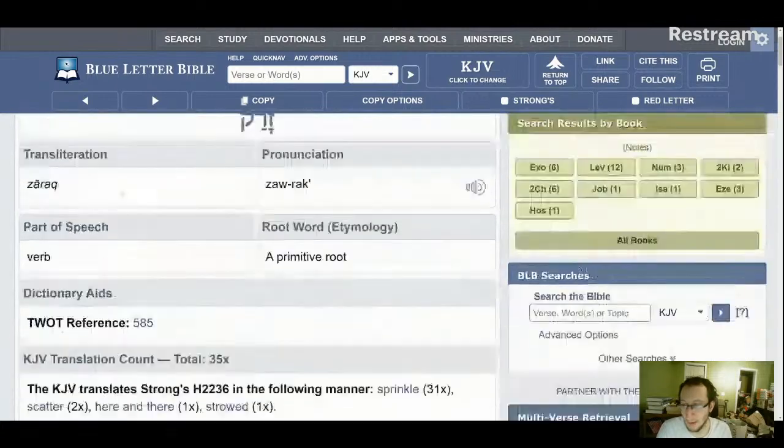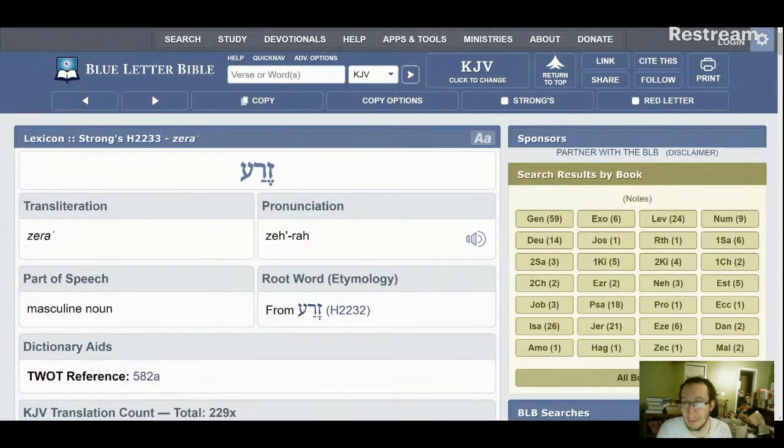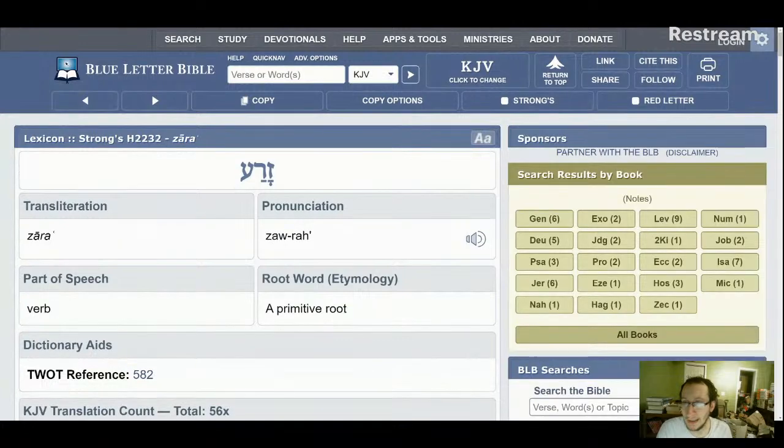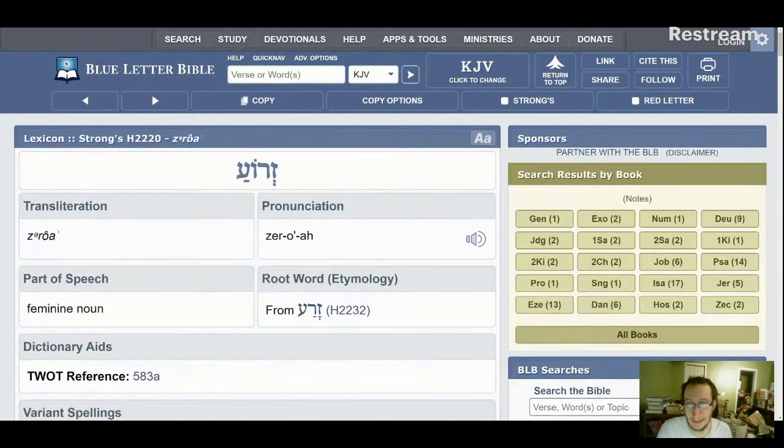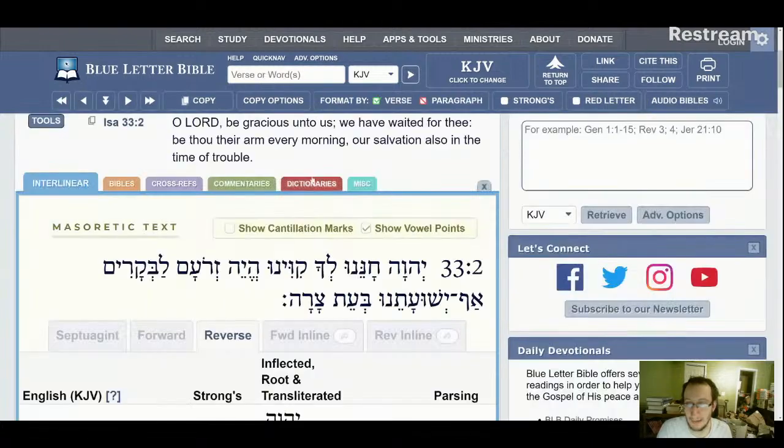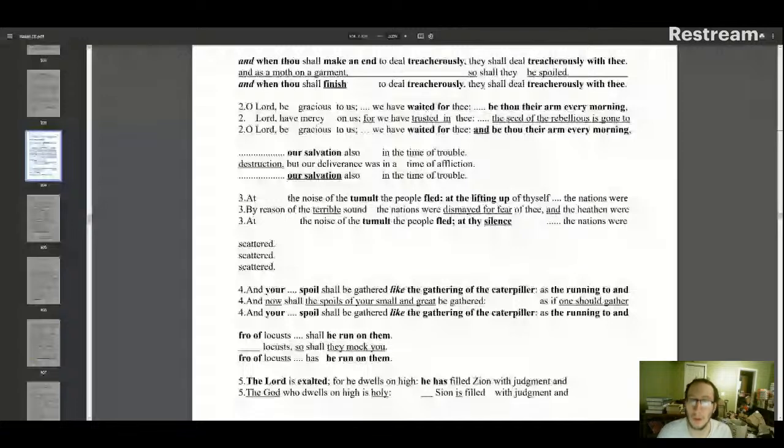So it can mean arm and seed. So that explains why the Septuagint translated it as seed. So we have arm, and then let's go back to the Septuagint so you can see it again. Right here, the seed of the rebellious versus the arm.